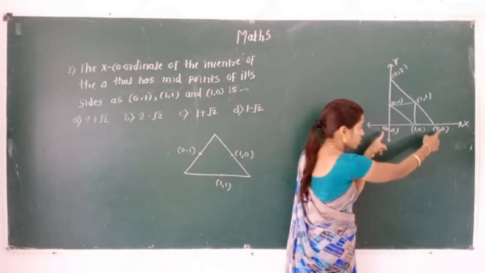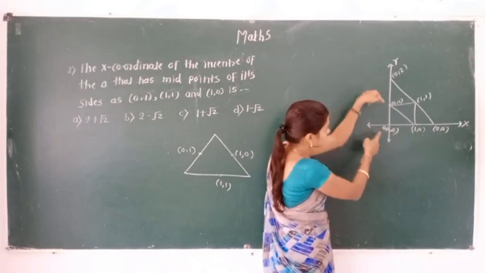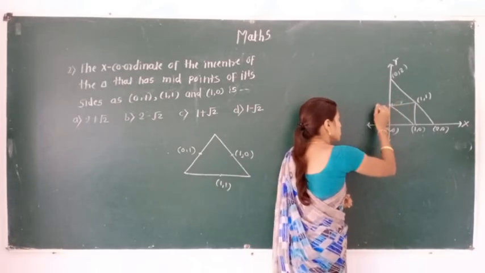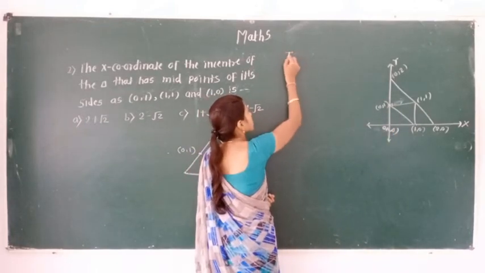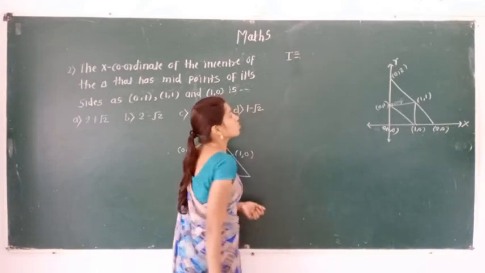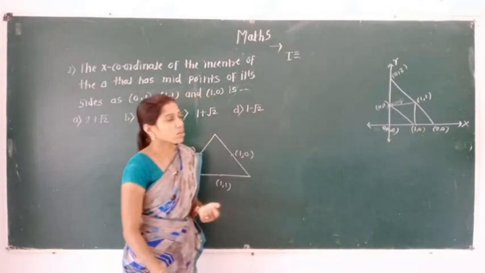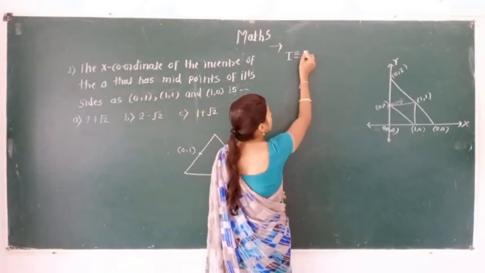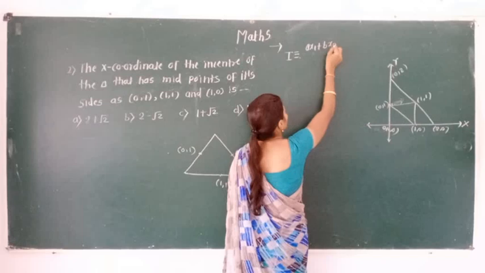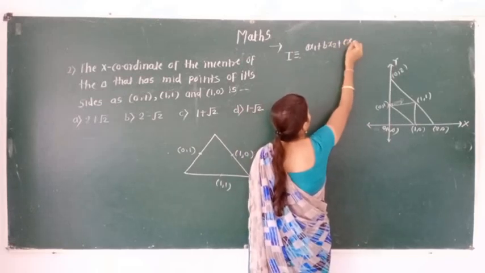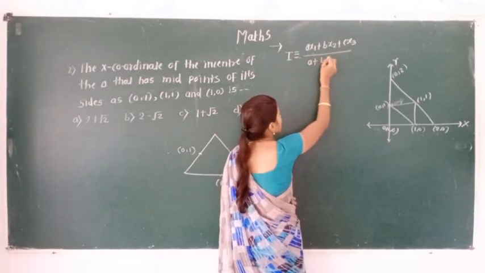Similarly, the midpoint of this line segment is (1, 0) and the midpoint of this line segment is (0, 1). So for finding the x coordinate of the in-center, we already know the formula: (a x1 plus b x2 plus c x3) divided by (a plus b plus c).